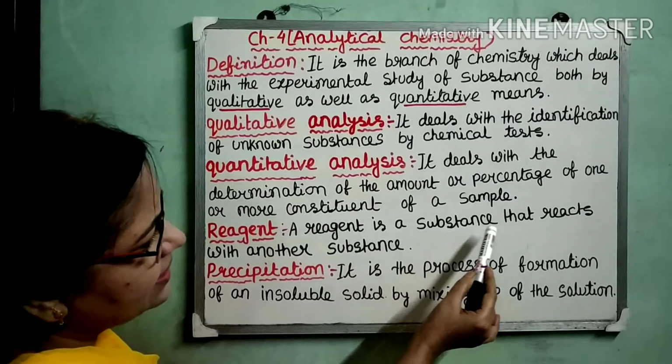Nickel ion, color green. Chromium ion, color green. And in case of anions, MnO4, its color is pink. Dichromate, color is orange. And chromate, color is yellow.